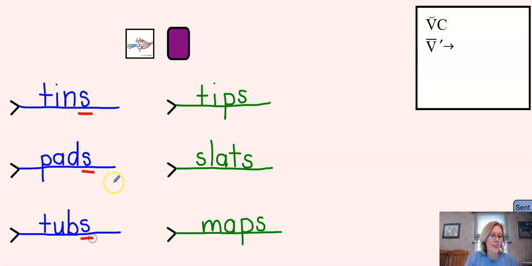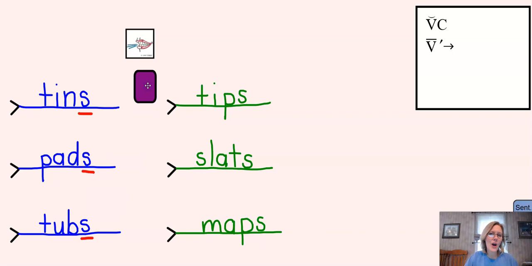Good. Now, let me cover up the S. And if you'll look, what we have is a base word in front of that S. Tin. Like that's a piece of metal, tin. If I cover it up here, pad. And here, tub.